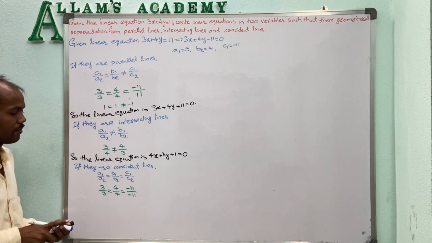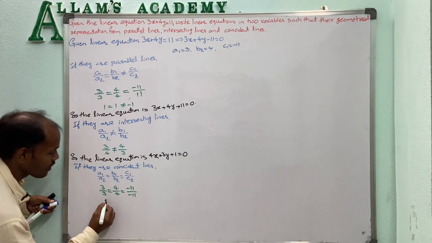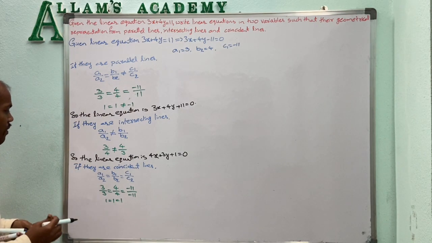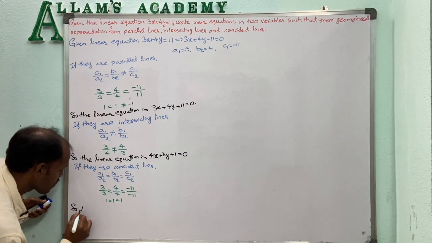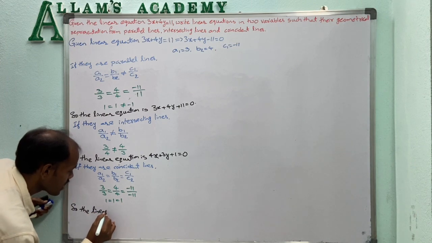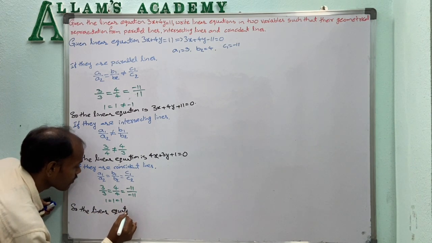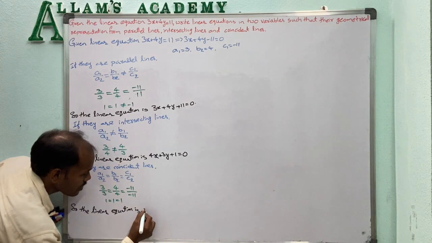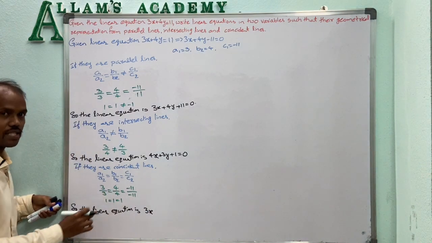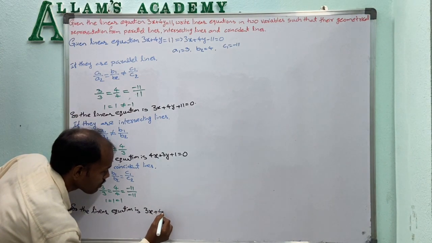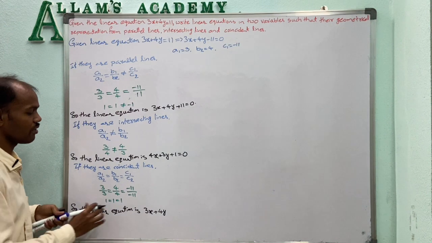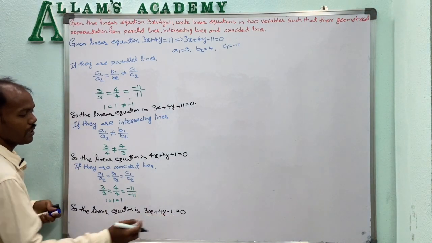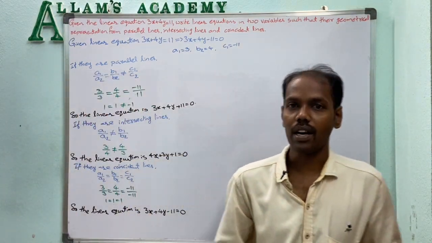So we get the same ratio 1, 1, 1. So the linear equation is: a2 equal to 3, so 3x, b2 equal to 4, so 4y, and the constant term c2 equal to minus 11. So 3x plus 4y minus 11 equal to 0.